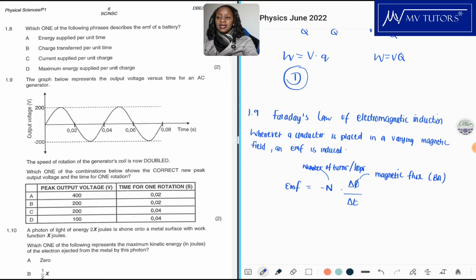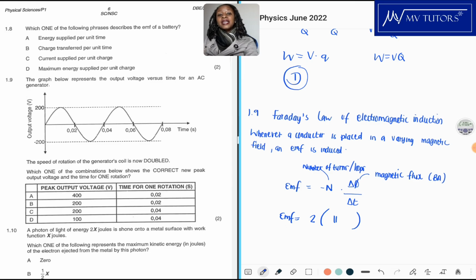So what they're saying here is the speed of rotation of the generator's coil is now doubled. Okay, so as a turn, it's now doubled, so basically you're going to have 2 times that whole equation on the right hand side of the equation sign.